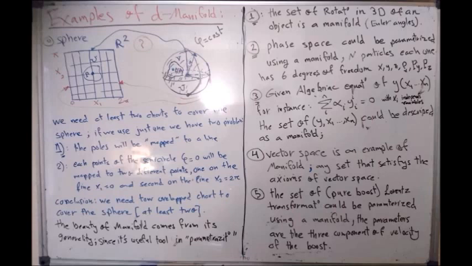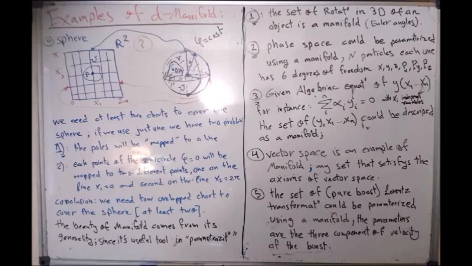It could be defined if we could find a map. For example, if we need to cover all of the surface of the sphere, we need a chart. Let's suppose that one chart is enough. That means for each point on this sphere there is an open set around it, or neighborhood, and there is a one-to-one map from it to R2.